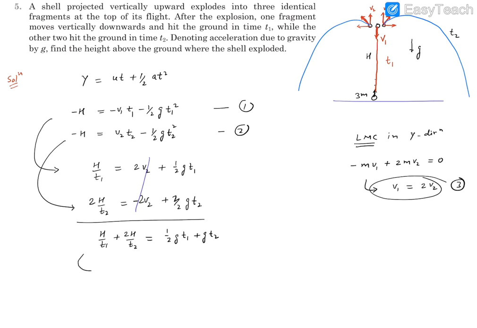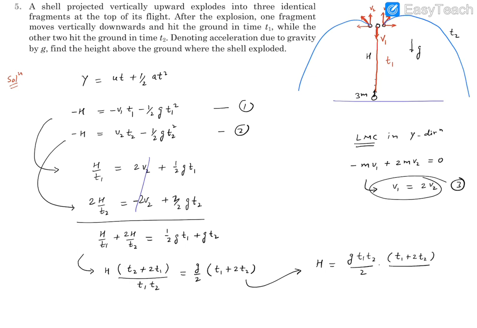Taking h outside as common, we get t2 plus 2t1 divided by t1 t2. On the right-hand side we take g by 2 as common, so it is t1 plus 2t2. From here h is equal to g t1 t2 times t1 plus 2t2, divided by 2 times t2 plus 2t1.